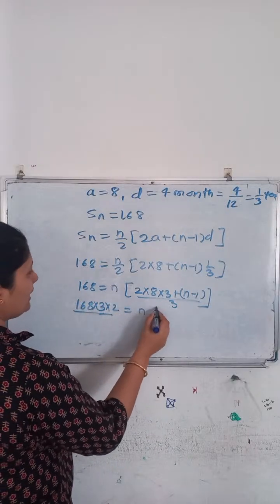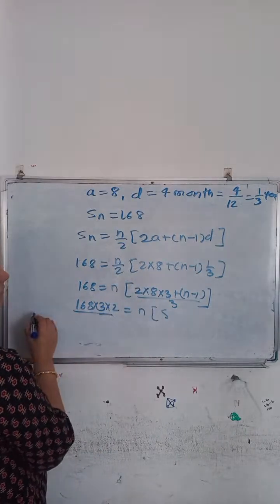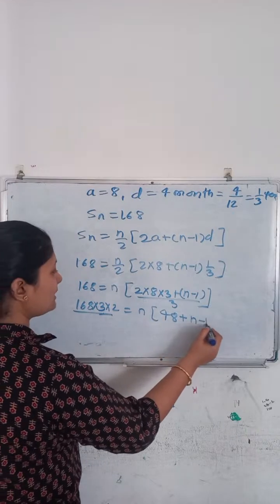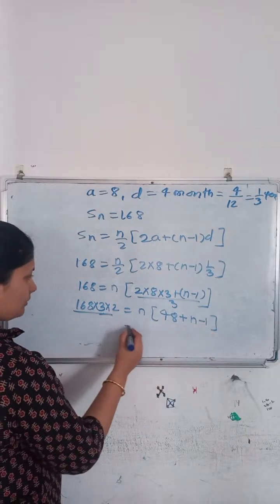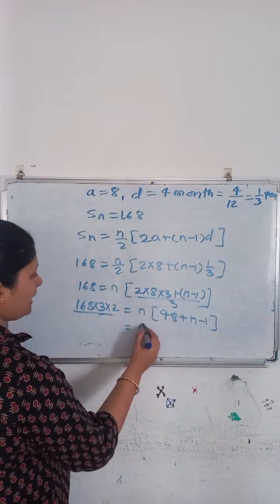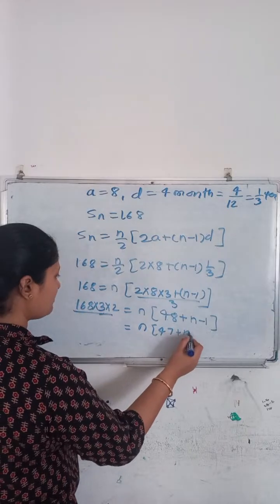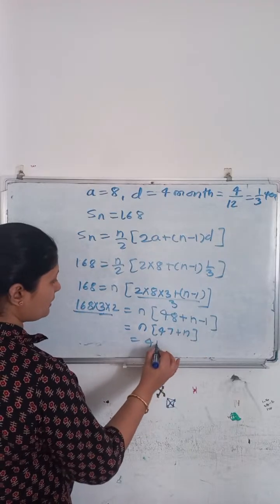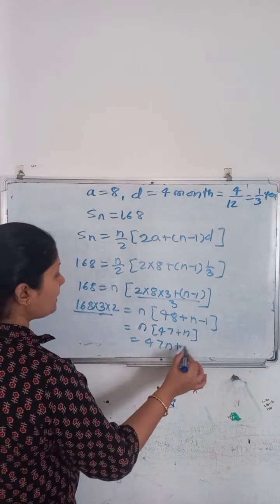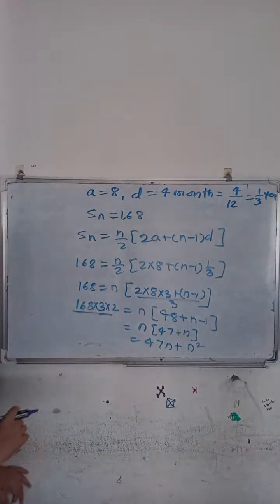So n inside the bracket, 48 plus n minus 1. So 48 minus 1 is nothing but 47 plus n. So here 47n plus n square.